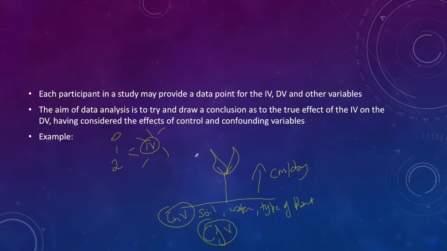So we would get a number of different data points for the independent variable, the dependent variable, and possibly control variables for each different plant. So depending on the number of plants we use for 1, 2, 3 independent variables, 1 dependent variable, and 3 or 4 control variables, we might get dozens or even hundreds of data points in a single experiment.